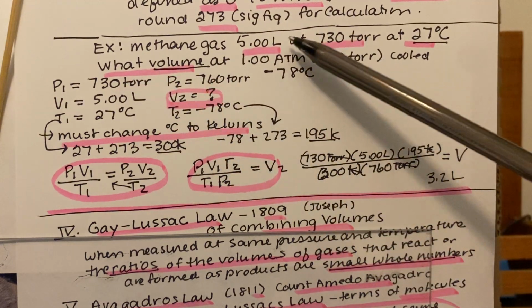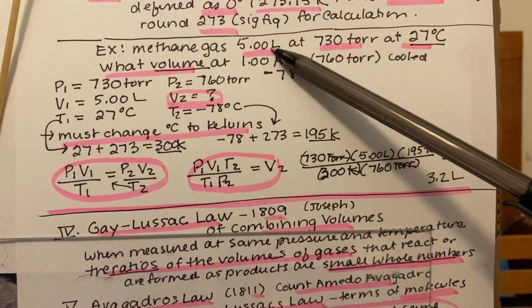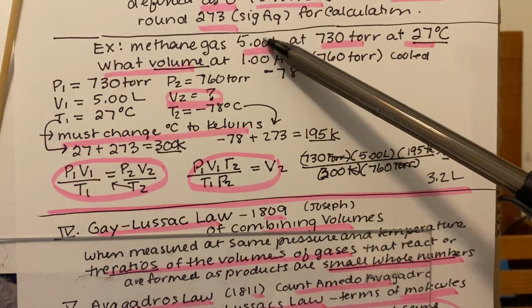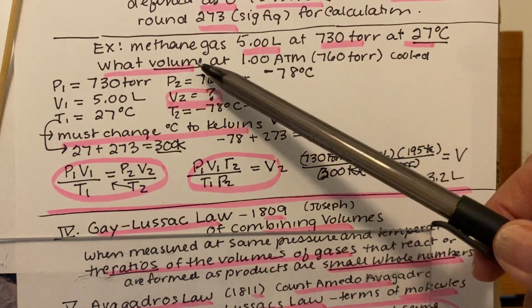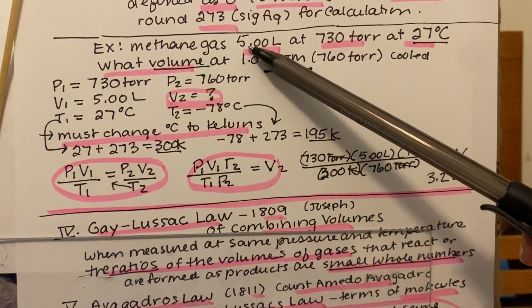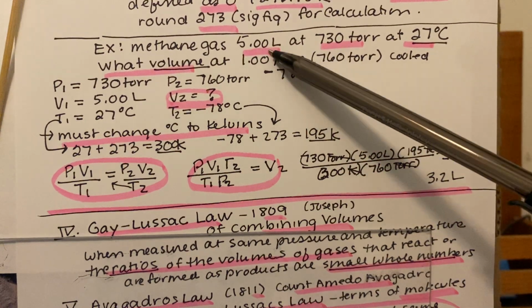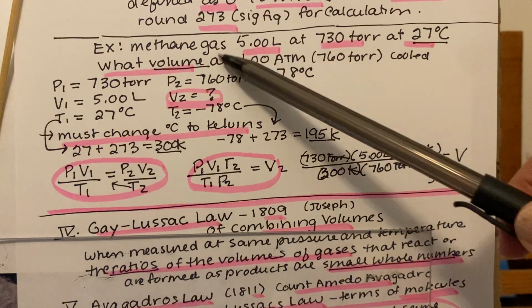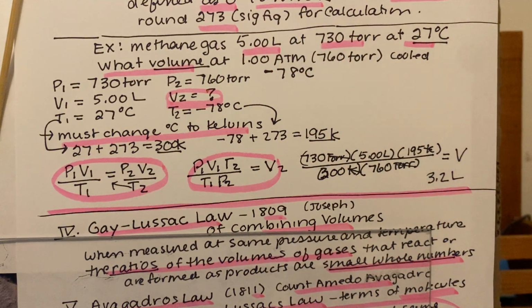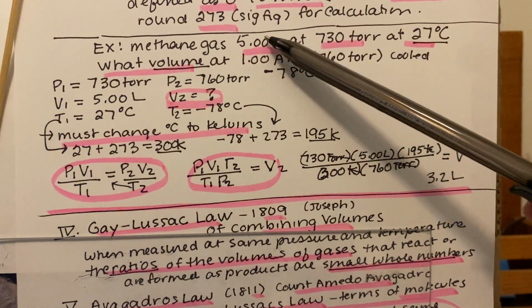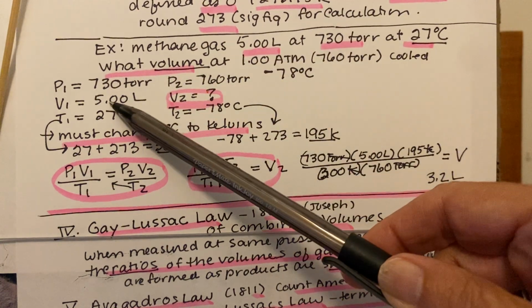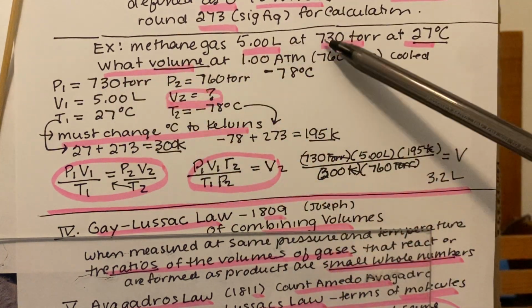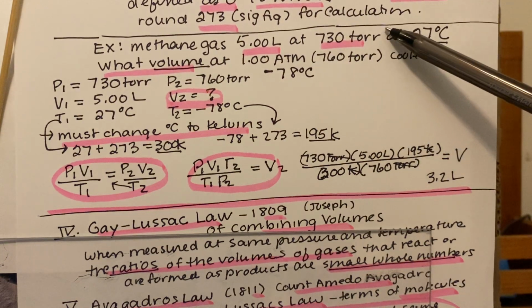So here, the initial values are volumes. I'm sorry, I said pressure. 5.00 liters is a volume. That's how much there is, like a liter bottle of Coke, that's a volume. So the volume is 5 liters. The pressure is 730 torr.